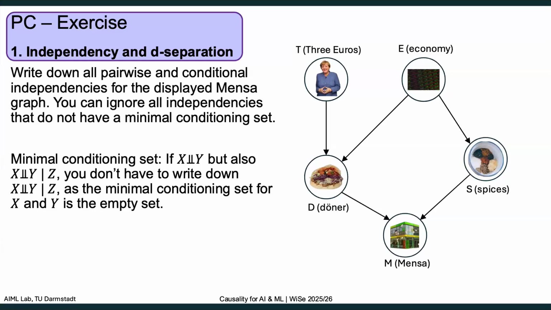And one thing: we only require the minimal conditioning sets, because if you then condition on the parents of these variables, you get bigger conditioning sets, but it doesn't change the independencies that you have.